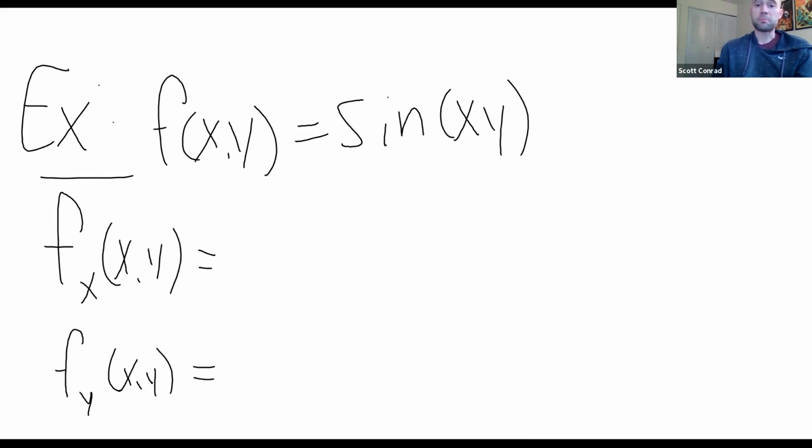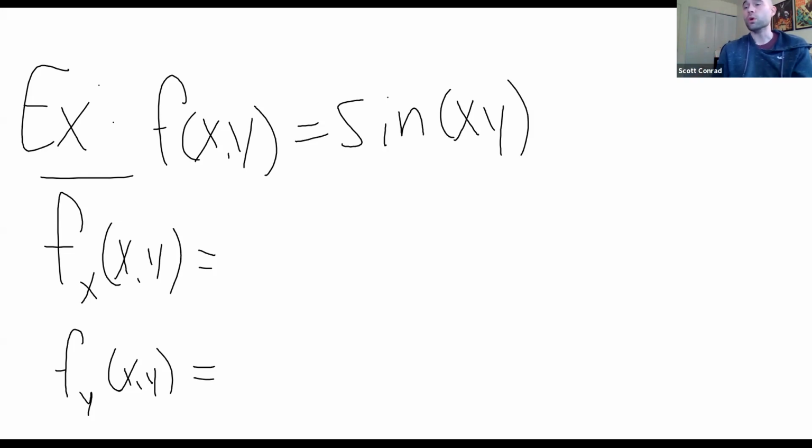Okay, so for the partial with respect to x, we're treating y as a constant, differentiating as a function of x. So if we had, say, sine of 2x, we're multiplying x by a constant. What is the derivative of sine of 2x with respect to x?